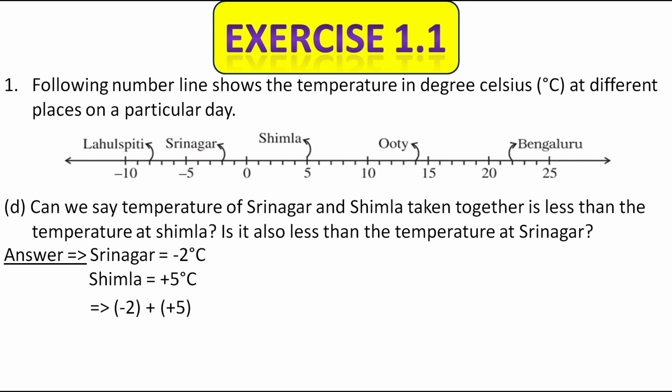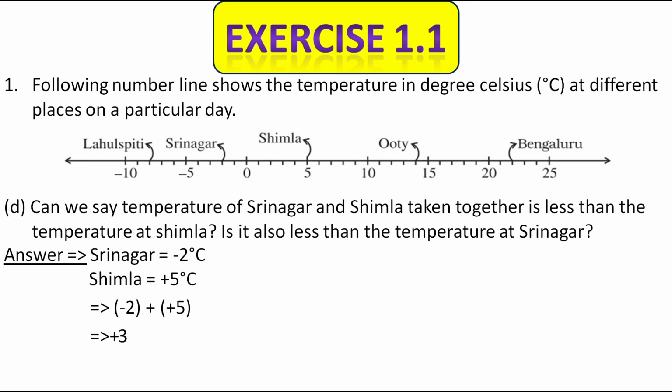Minus 2 plus of plus 5. As in between we have a plus sign, no need to change the sign of the next digit, so it becomes minus 2 plus 5. As both of them have different signs, we have to do subtraction. So 5 minus 2 is equal to 3. As the bigger number has a plus sign, we will give plus to 3.